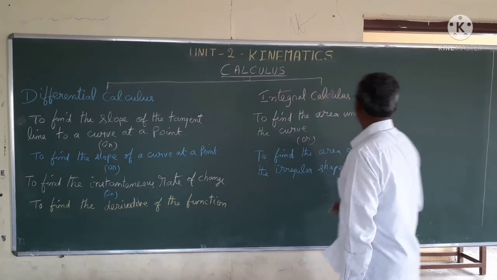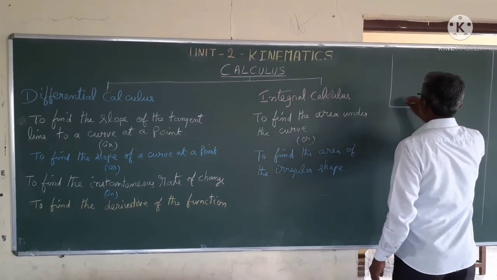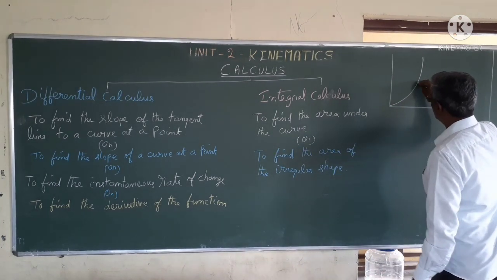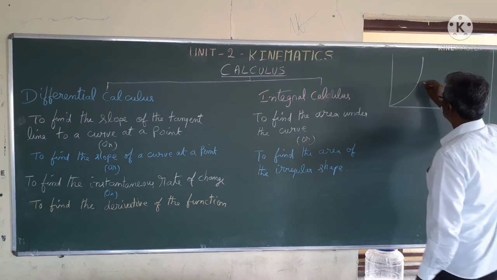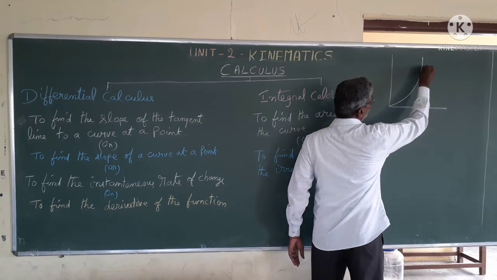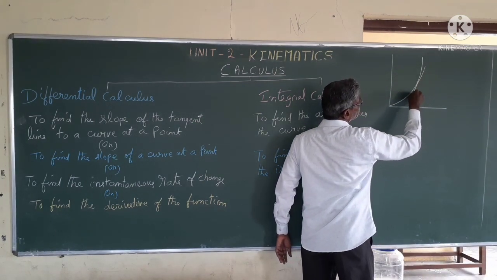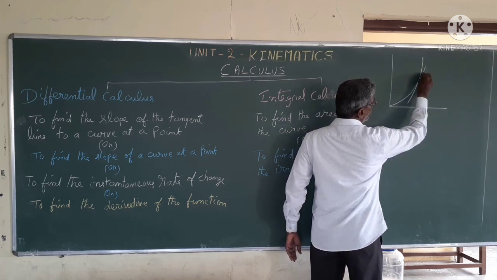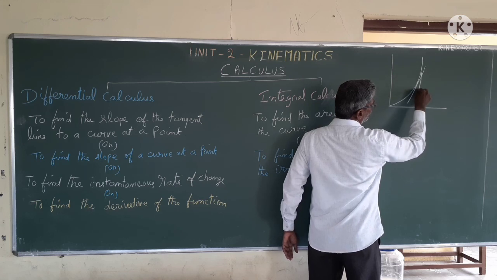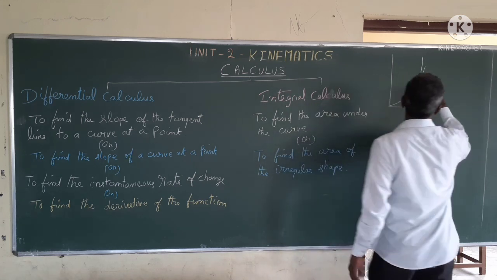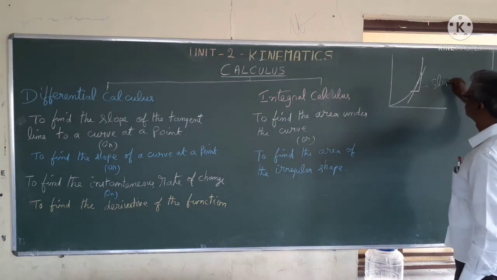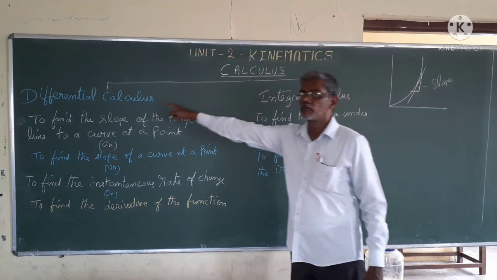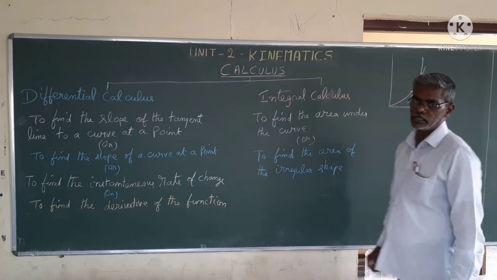That means, let us consider this is a curve, and at one particular point I am drawing a tangent. Now, I will be finding out the slope for this. For this, you can use differential calculus.